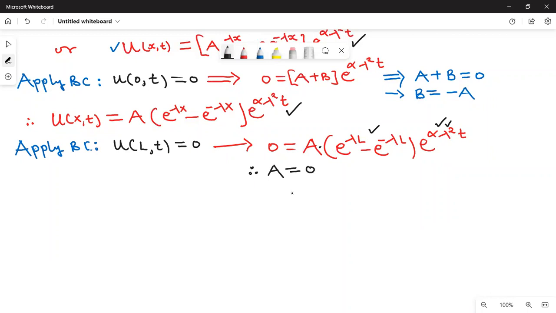Now, when I substitute into this equation, where there is A, you put 0, what are we going to get?